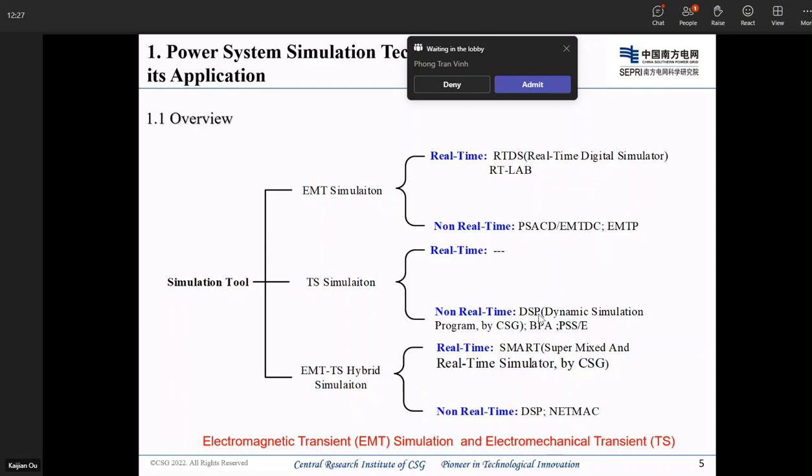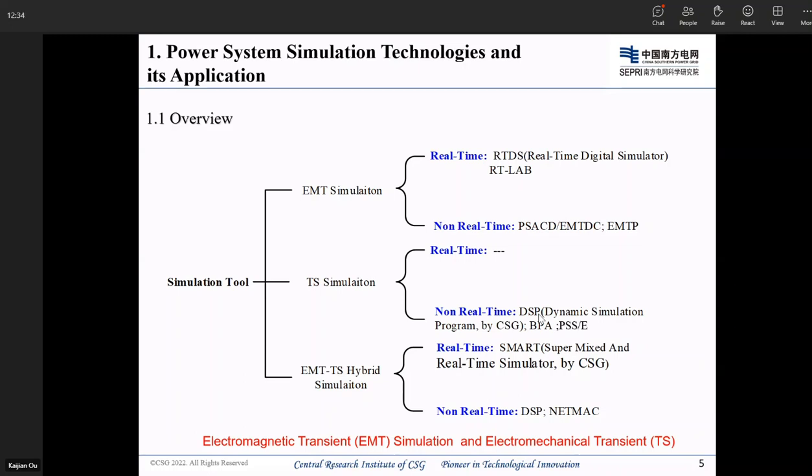We will introduce the DSP software in the next training call, and also BPA software, which is also very popular. Another popular TS simulation tool is PSSE. Sometimes we use EMT and TS hybrid simulations.